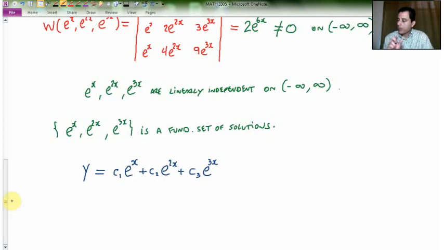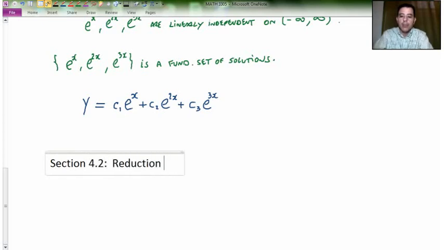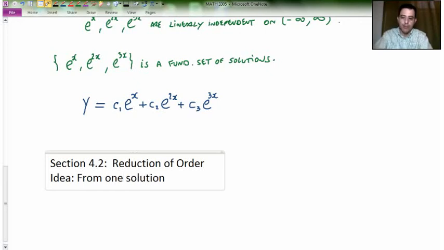So I'm going to show you a little tool called reduction of order. And the idea of reduction of order is this. Let me write section 4.2, reduction of order. The idea here is that from one solution, if I have just one solution of the ODE, then I should be able to find another one from that first solution.